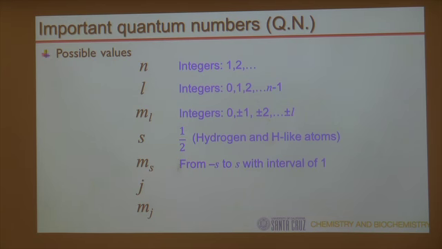So if S is 1/2, it simply means from negative S to positive S with an interval of 1. The interval is already 1, so just these 2. But if we have, let's see, S equals 3/2, which could be possible for many-electron atoms, then the possible MS values are from negative 3/2 to positive 3/2 with an interval of 1.